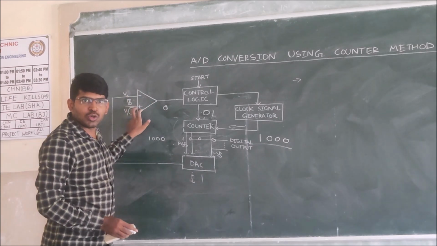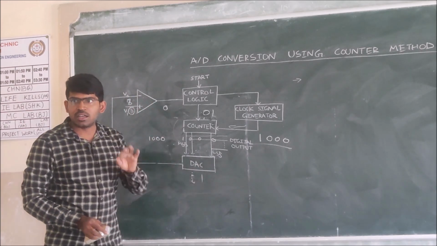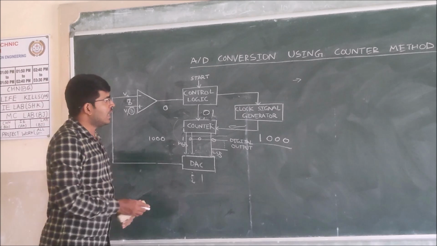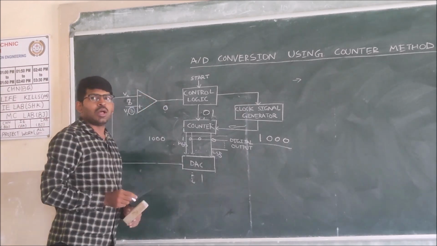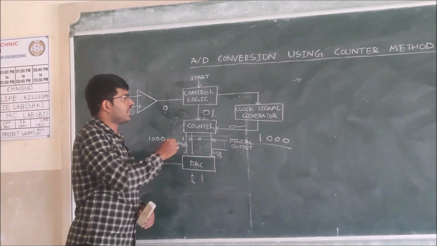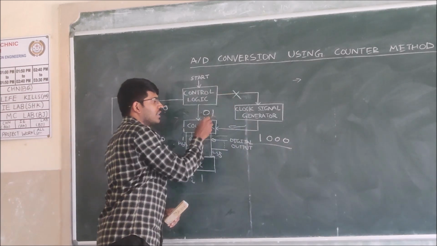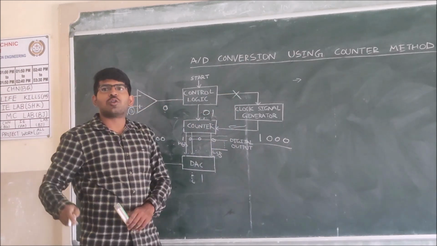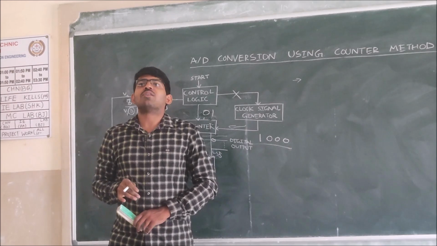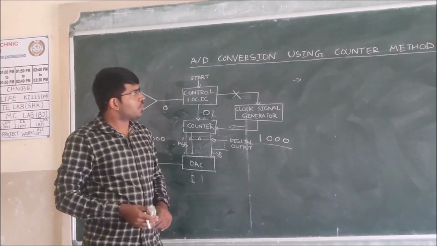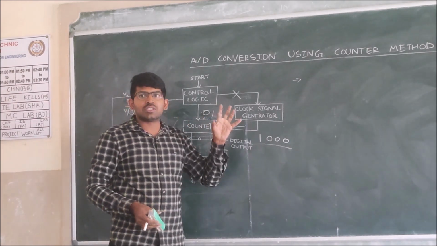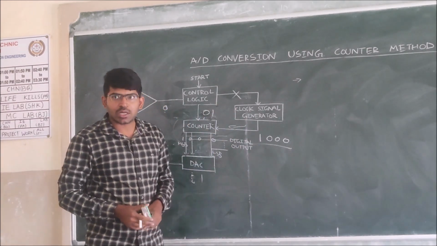When the value equals the non-inverting terminal input value, the comparator value becomes 0 and it disables the clock signal generator. Immediately the counter will display the value. This is how analog to digital conversion is done by using the counter method.